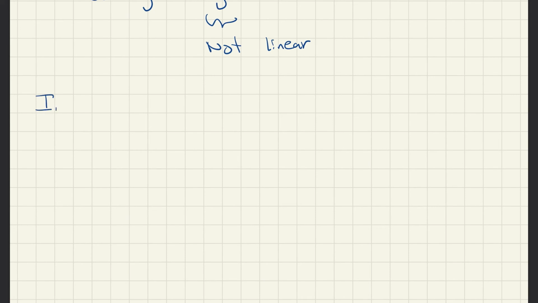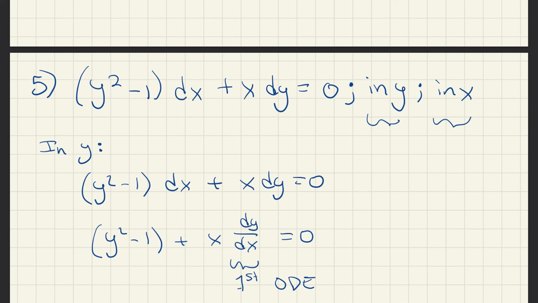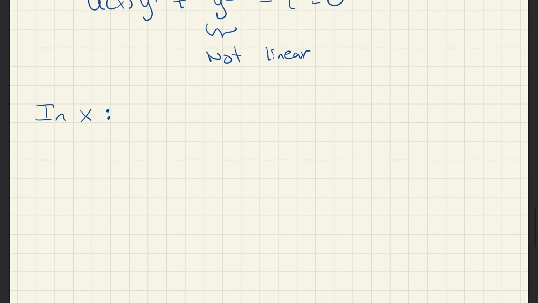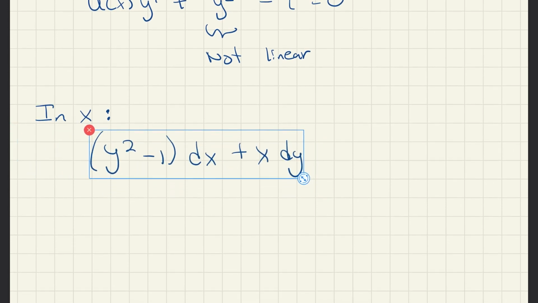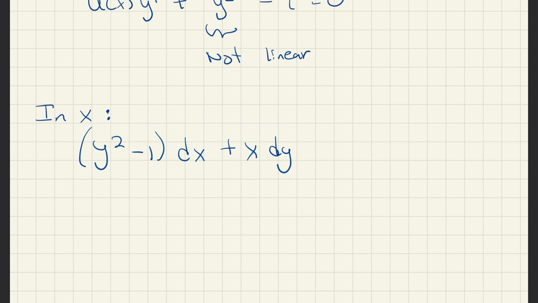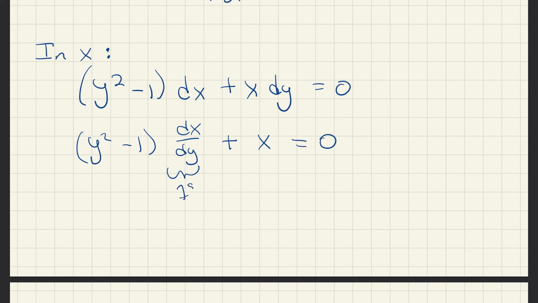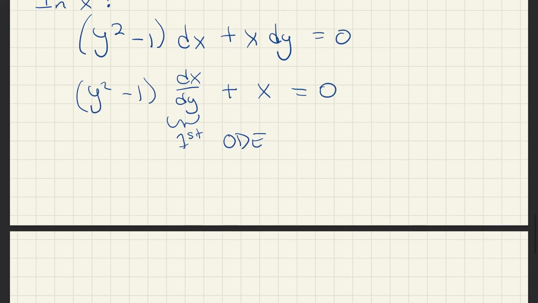Now if we want to solve for x, we have to rewrite this. We want to have dx over dy, so now we want to divide both sides by dy. We're going to have y squared minus 1 dx over dy plus x is equal to 0. Once again, we can see this is a first order ordinary differential equation.